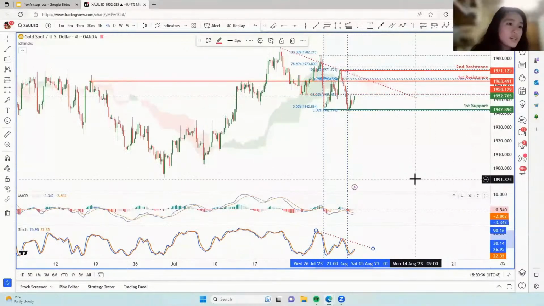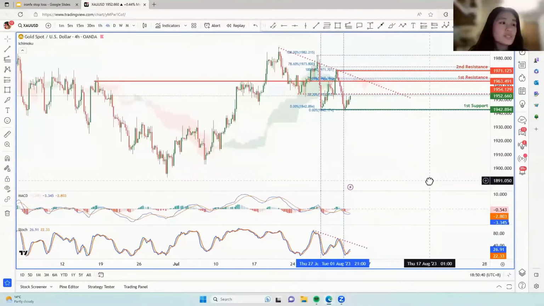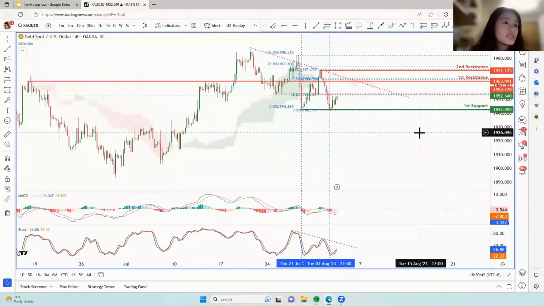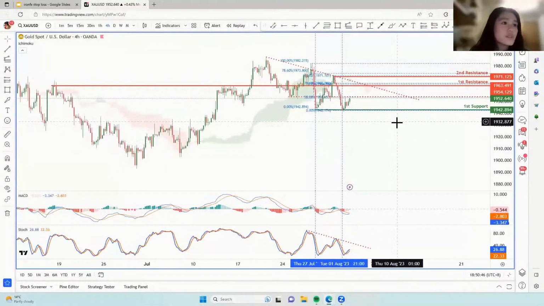Okay, so I'm going to move my RSI, and 3 out of the 4 indicators that we've used tell us that it is a descending, or bearish, momentum.